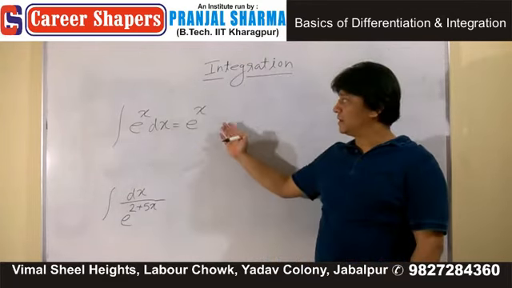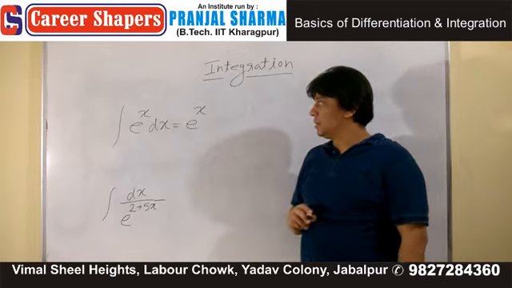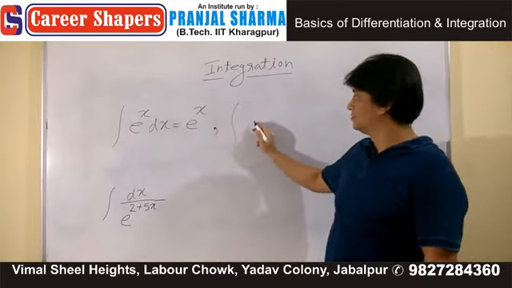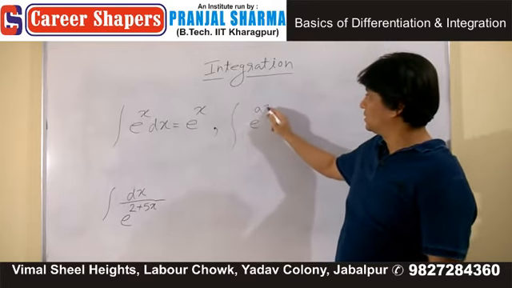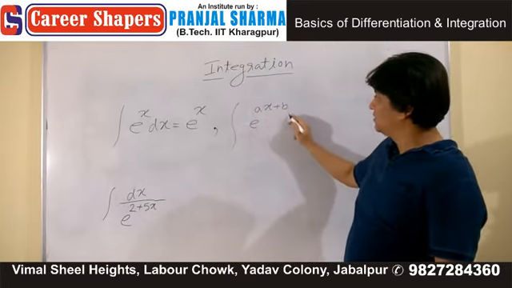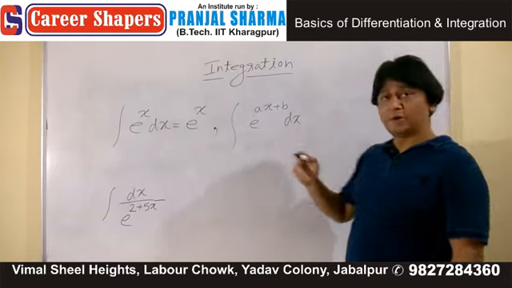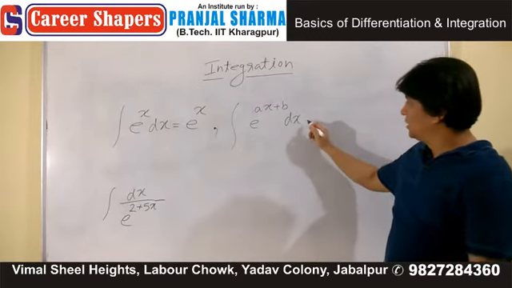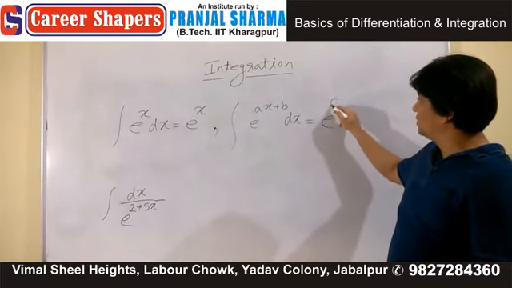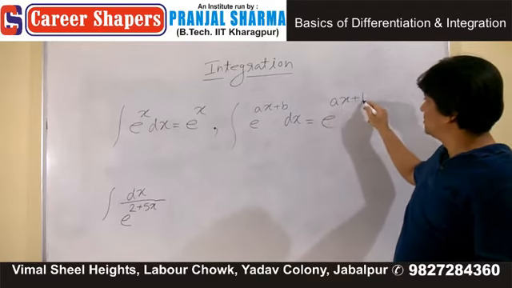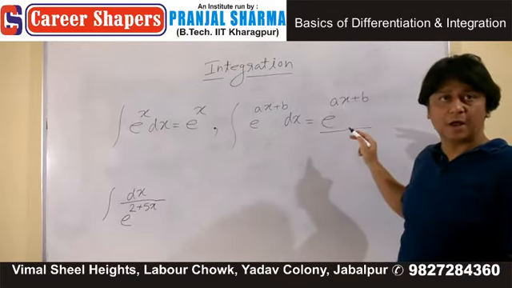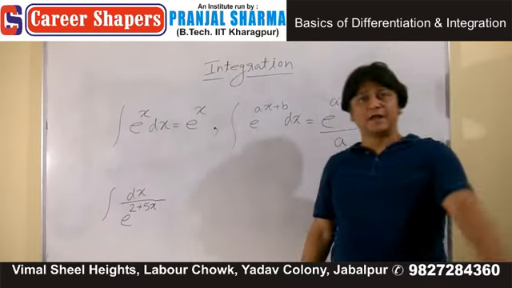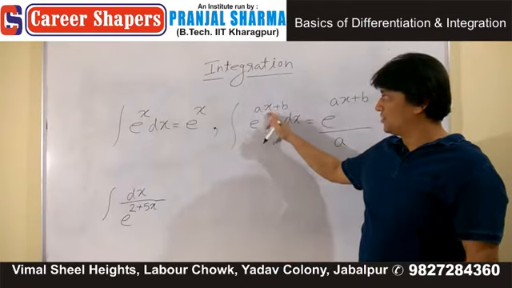That's how you find integration. Which means if somebody gives you e to the power ax plus b, then this is e to the power ax plus b divided by the coefficient of x, as long as power of x is 1.